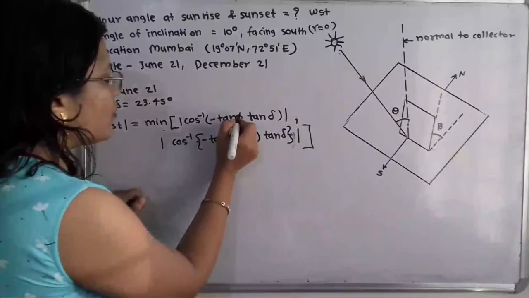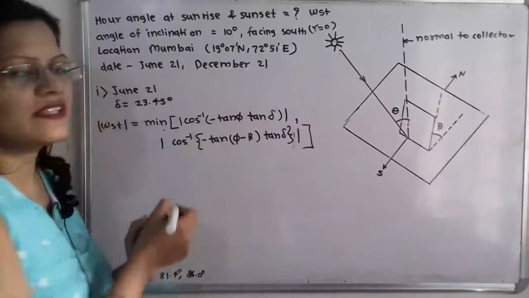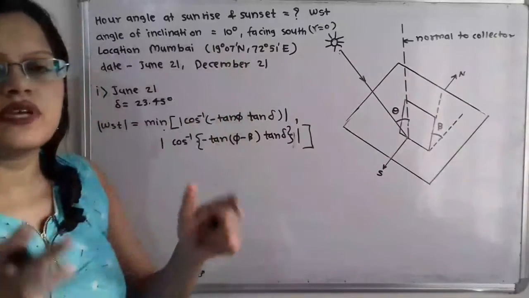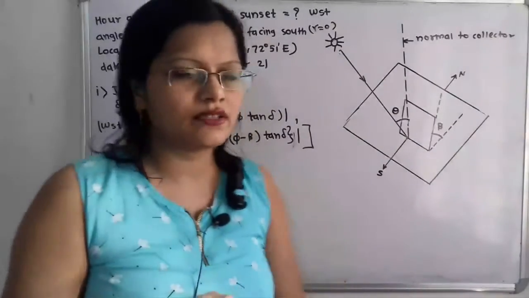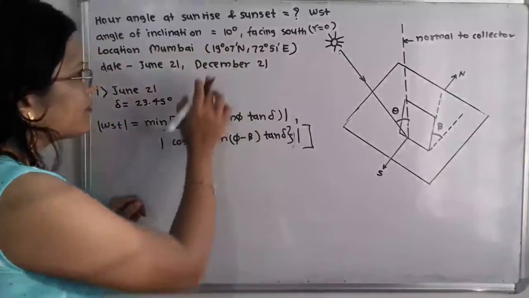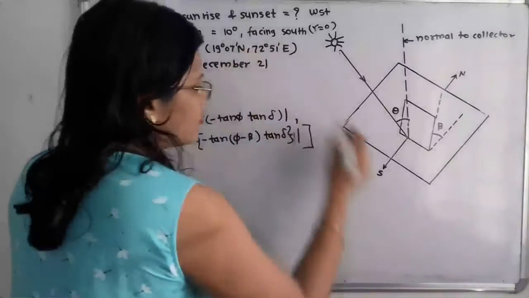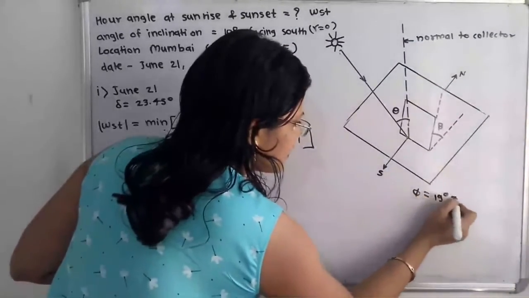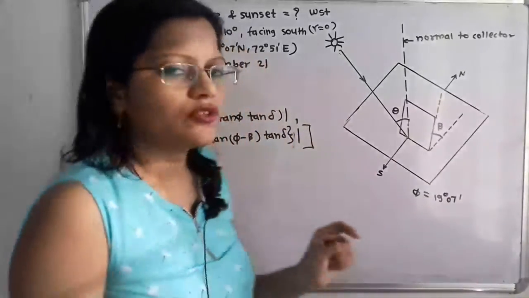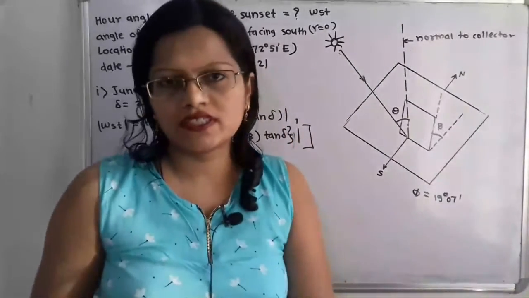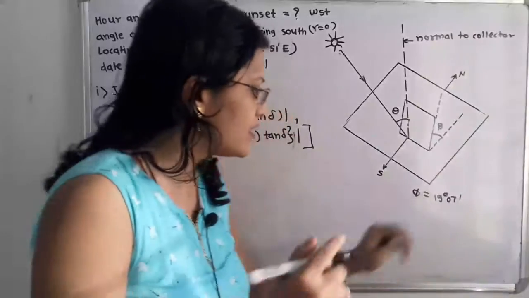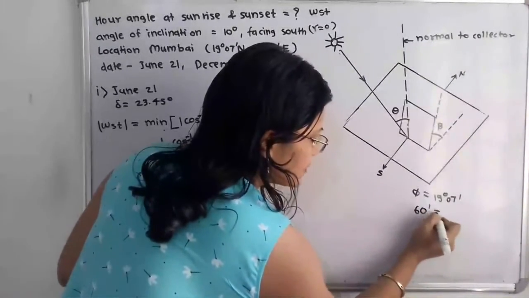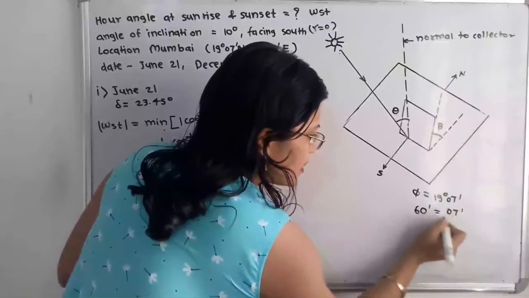Now, the latitude phi is required. Latitude phi is given in minutes, but we have to convert it into decimal form. How to convert this? Latitude phi is equal to 19 degrees 7 minutes. One degree is equal to 60 minutes, and out of 60 minutes, 7 minutes are given.